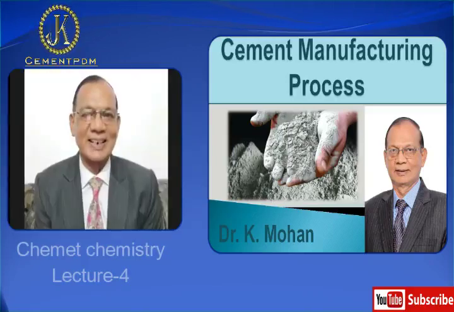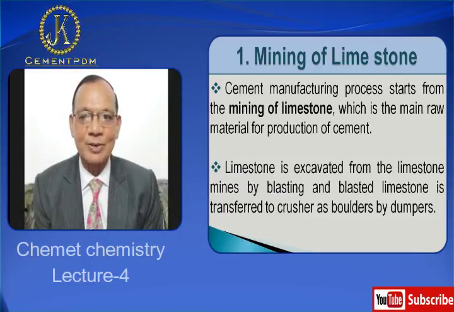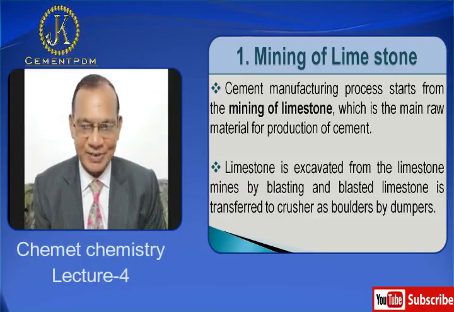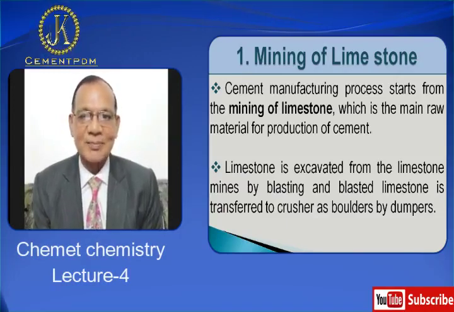Sure, Mr. Singh. The cement manufacturing process involves 9 steps, starting from mining of limestone to packing of cement. I will discuss one by one all the 9 steps. As I told you, the first step is mining of limestone.